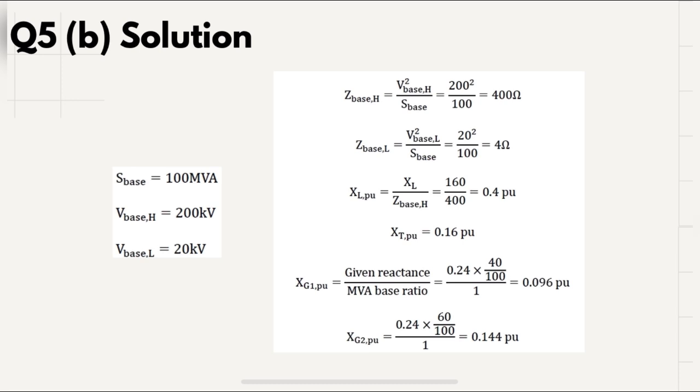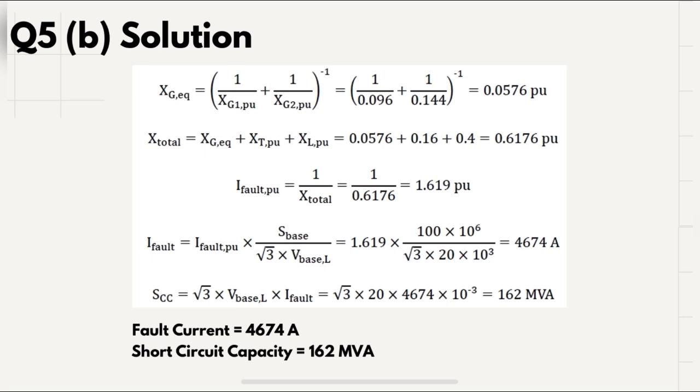And next, for the generator reactance G2, by using the 60, we will get 0.144 pu. Next, by combining generator 1 and generator 2 in parallel, we will get 0.0576 pu.